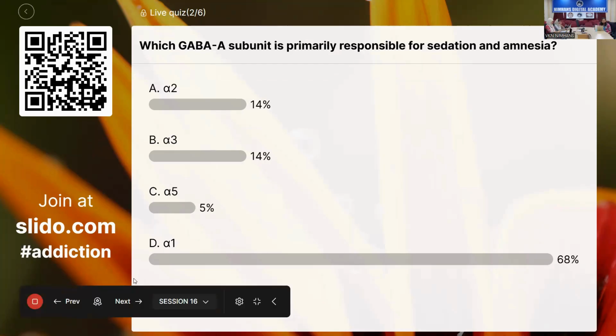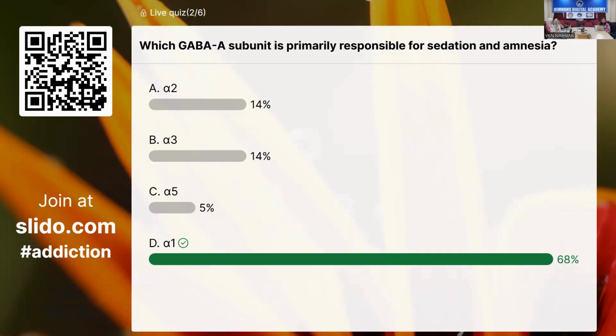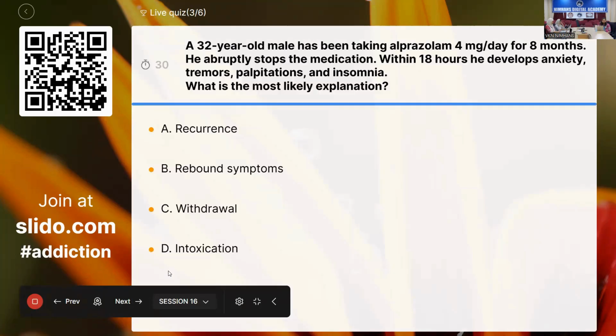Although some people are still confused, can you see the answer? Right. So alpha 1 is responsible for the sedation, amnesia, and also for the anticonvulsant activity. Alpha 2 and alpha 3 are the anxiolytic effect. Alpha 3 additionally has a muscle relaxant effect, and alpha 5 is mostly responsible for the cognitive part of it. Okay. Can we move to the next question?